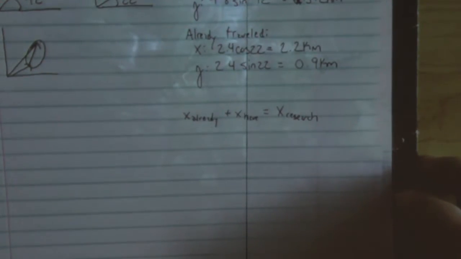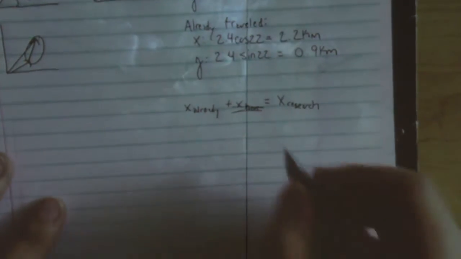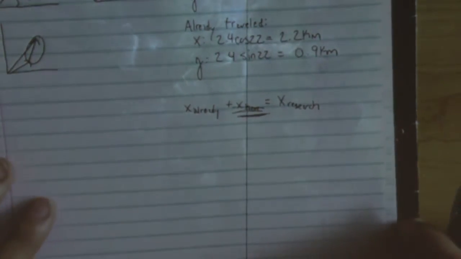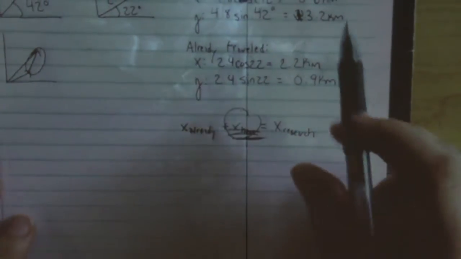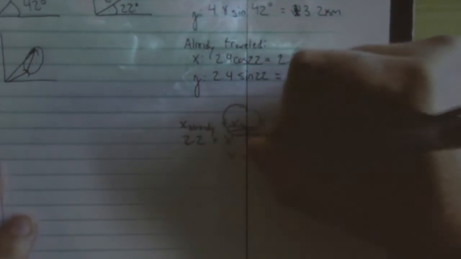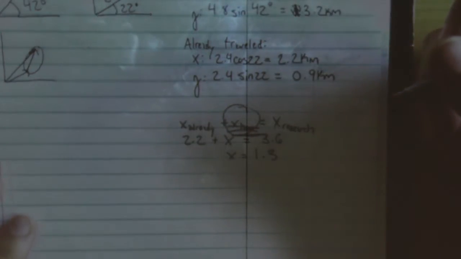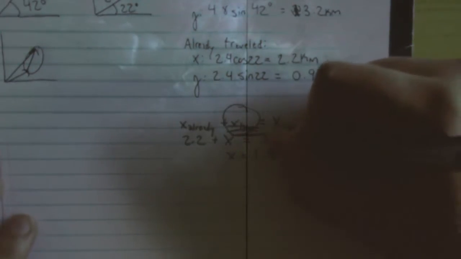So we can solve for this x. I didn't mean to cross that out, this is an underline. We want this one. We use our x that we've already traveled, which is 2.2, plus the x that we want equals 3.6. So this x will have to be about 1.3. Well, it's going to be 1.4 here because I rounded more.